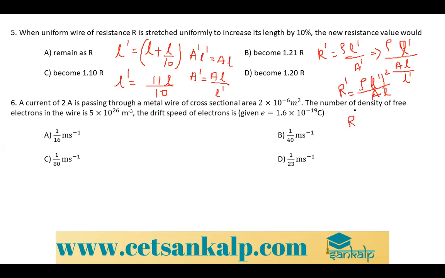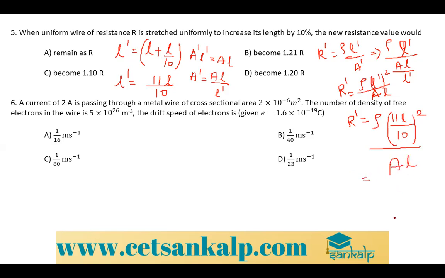But R is equal to rho L by A. So rho into L dash, that is 11L divided by 10, the whole square, divided by AL.